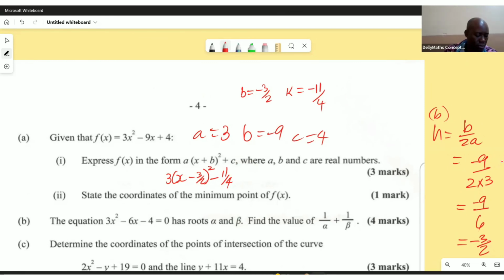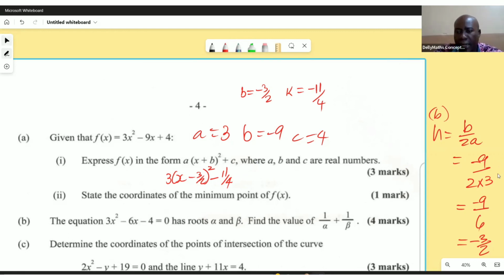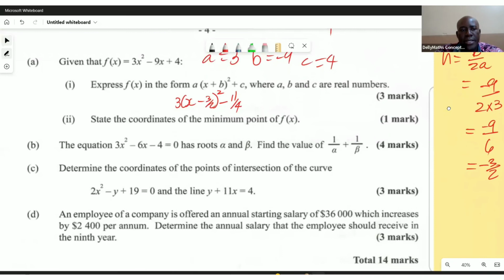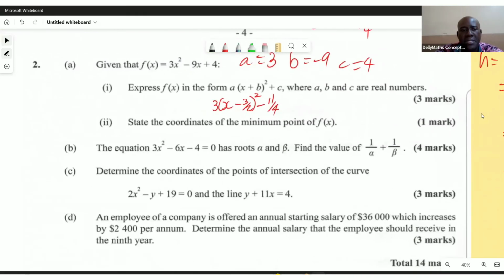All right, let's go for the next part of the question. So the question says, I'm right here, number 2a(ii). It says state the coordinates of the minimum point of f of x. The minimum point is simply the axis of symmetry, which is not this, it's the opposite of that, and that value there, the k value.